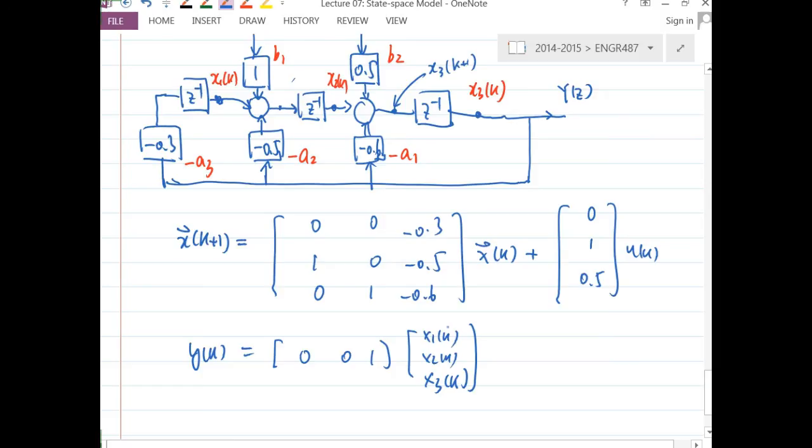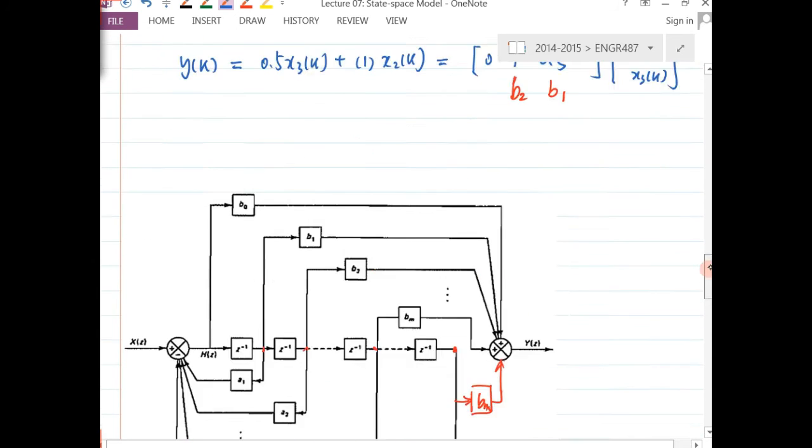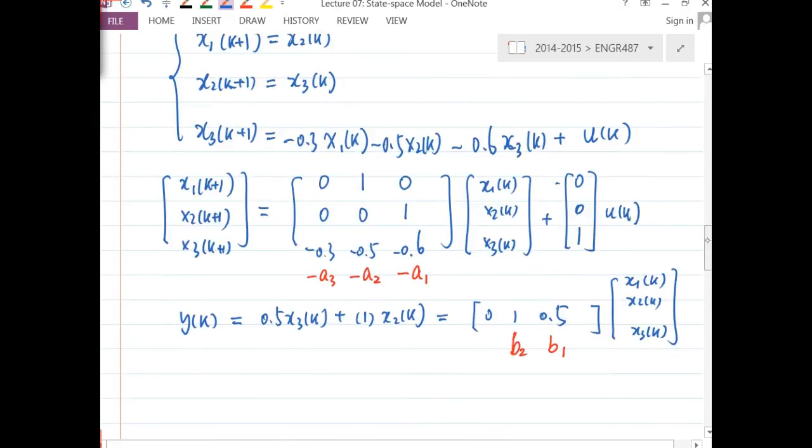Now take a look at this observable canonical form and the control canonical form that we have just derived. What is the difference between this matrix and that matrix there? Exactly.